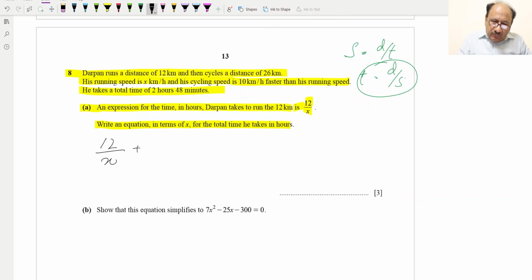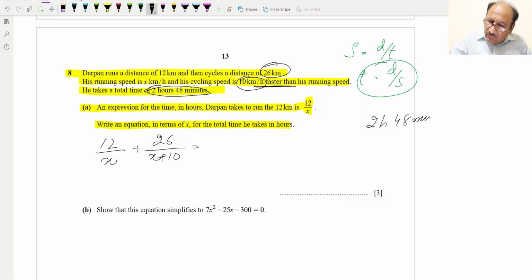Similarly, the second portion, which is 26, and the speed is 10 kilometers per hour faster, so it will be x plus 10, and further we can write it equal to 2 hours 48 minutes.